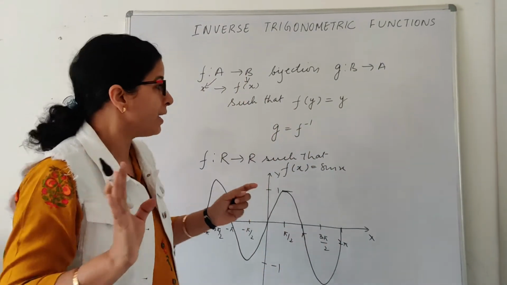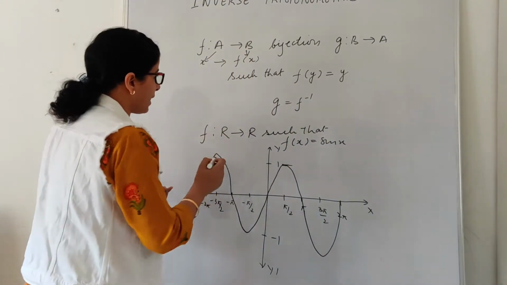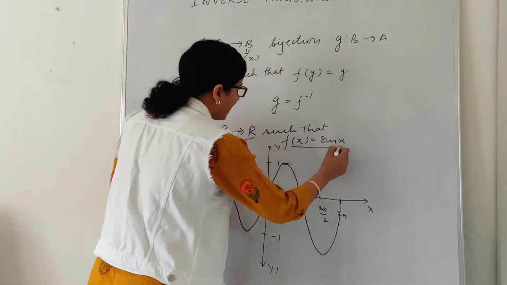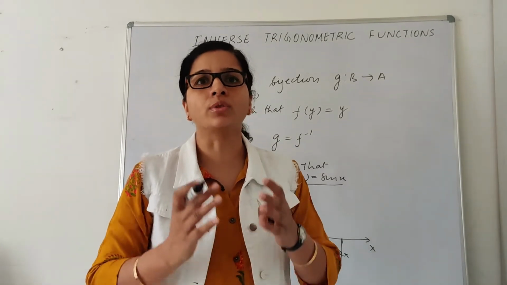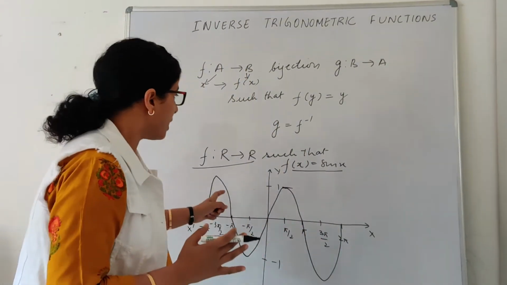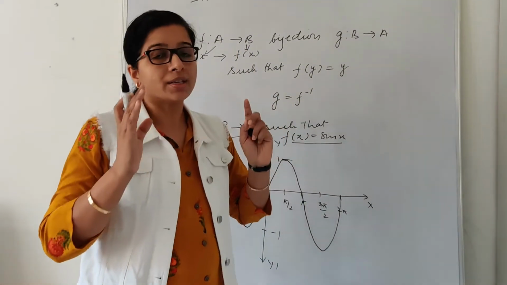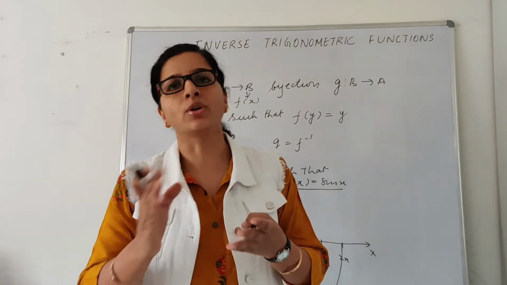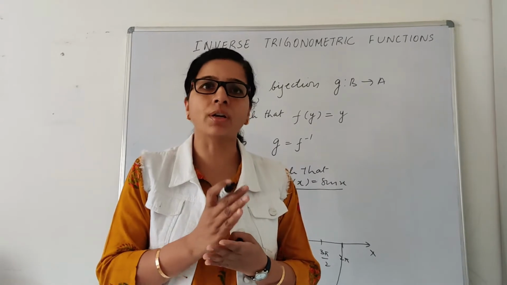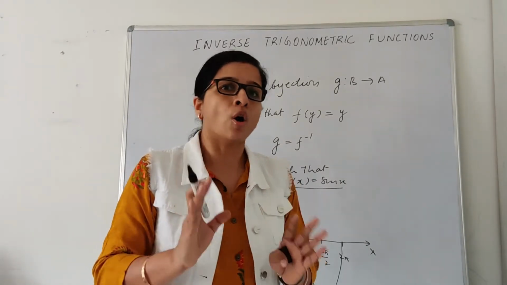Is that clear? So I can make this function onto if I convert my codomain R to the range. What is my range? -1 to 1. See why I am doing all these things? Because I want to find the inverse of a trigonometric function, and it will exist only when it is one-one and onto.